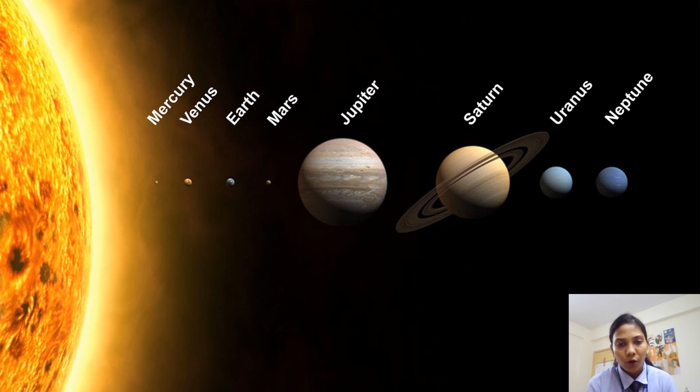After Earth, the fourth planet is Mars. And after Mars, it is Jupiter, and Jupiter is the largest planet. After Jupiter, the Saturn. Saturn has one ring, and after Saturn, it is Uranus and the Neptune. Okay.